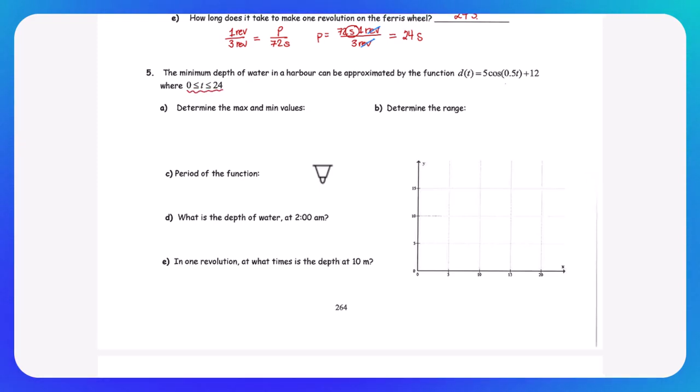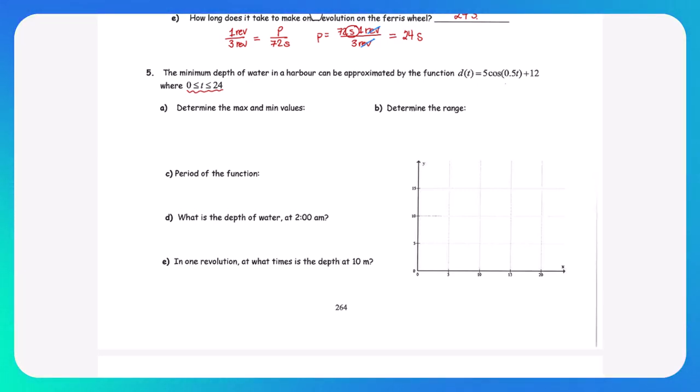Now think about this. The depth of water in a harbor is cyclical because as the tide goes up and the tide goes down, the height of the water in the harbor also goes up and down. So the first thing it's asking us to do is find the maximum and minimum value.